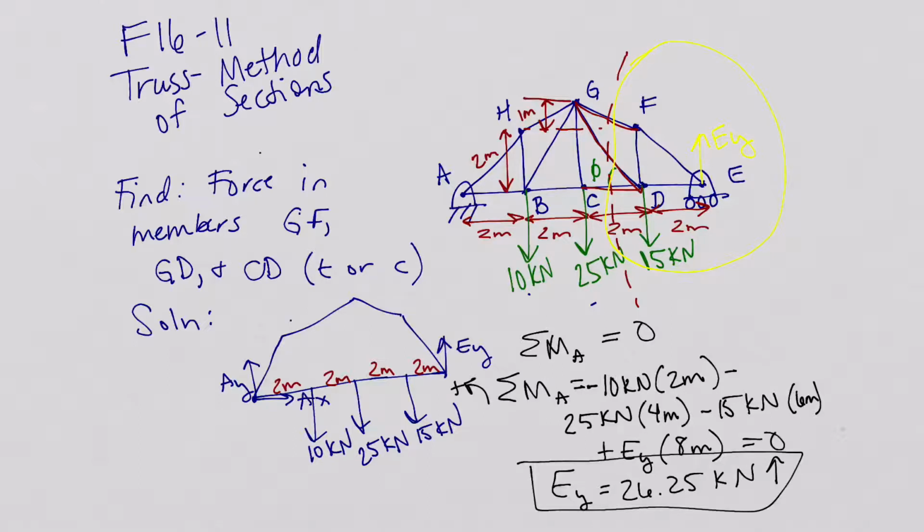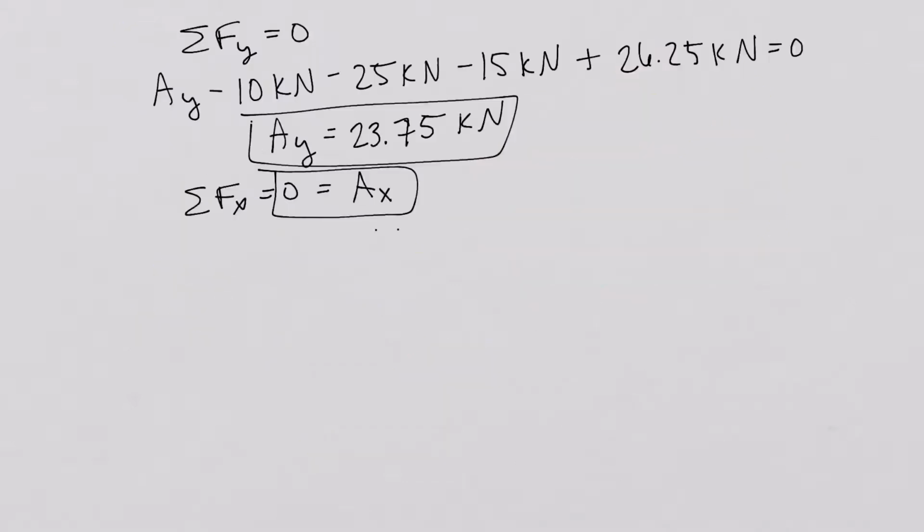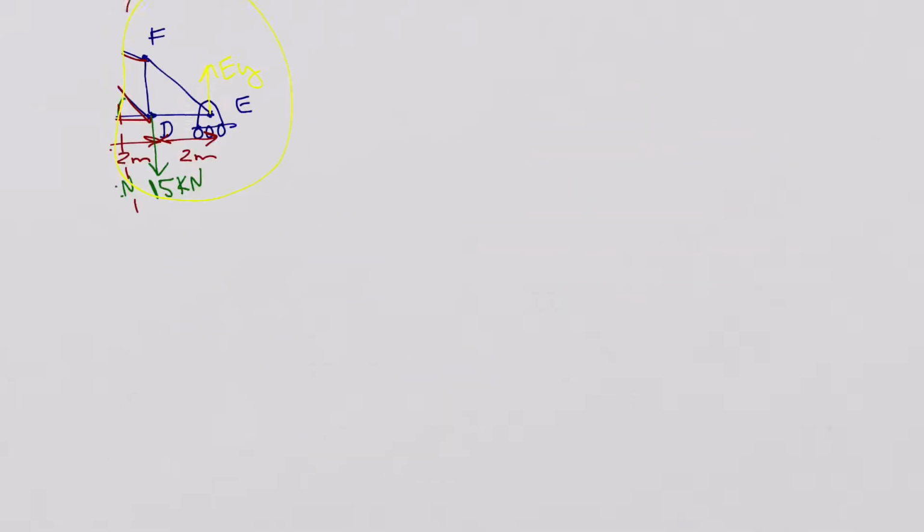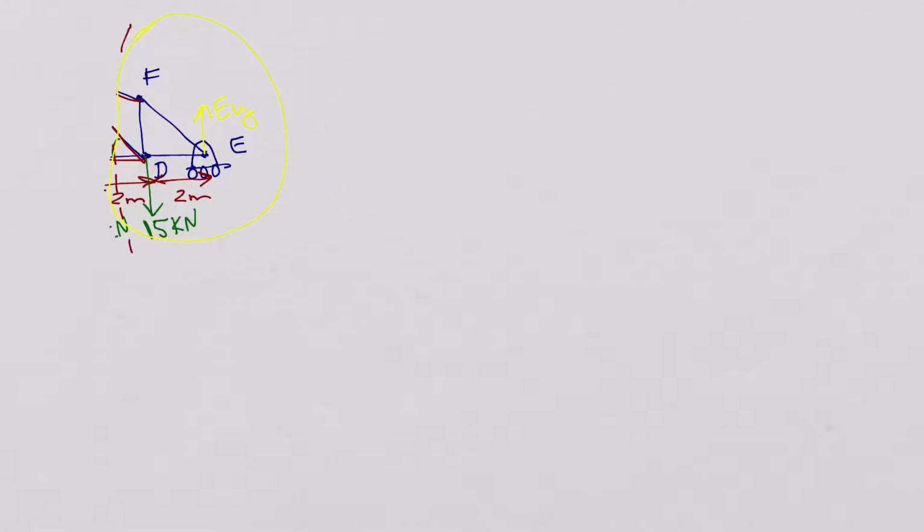So let's go, I might actually copy this. I'll just copy this section here, and then we're going to go ahead and draw our free body diagram. I'm just going to go on to a new page so we have room. So here's our section, and now I'm going to draw a free body diagram.